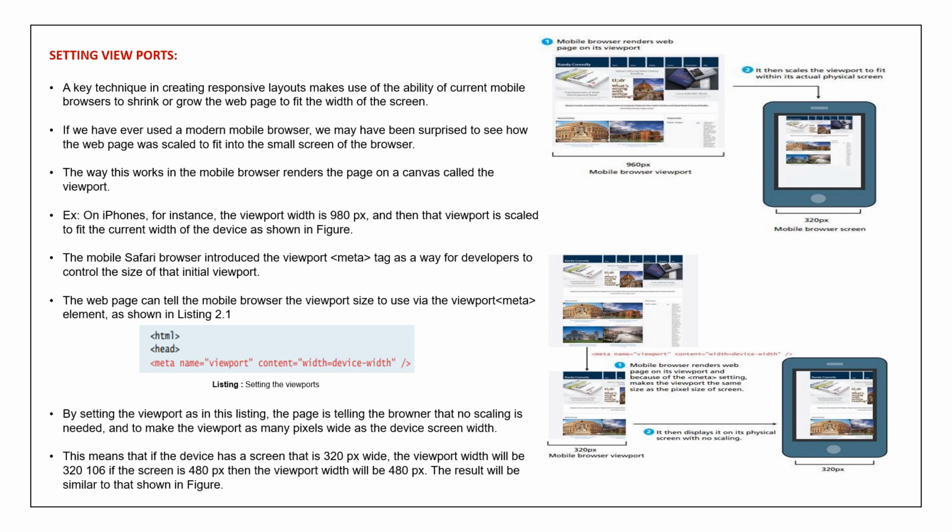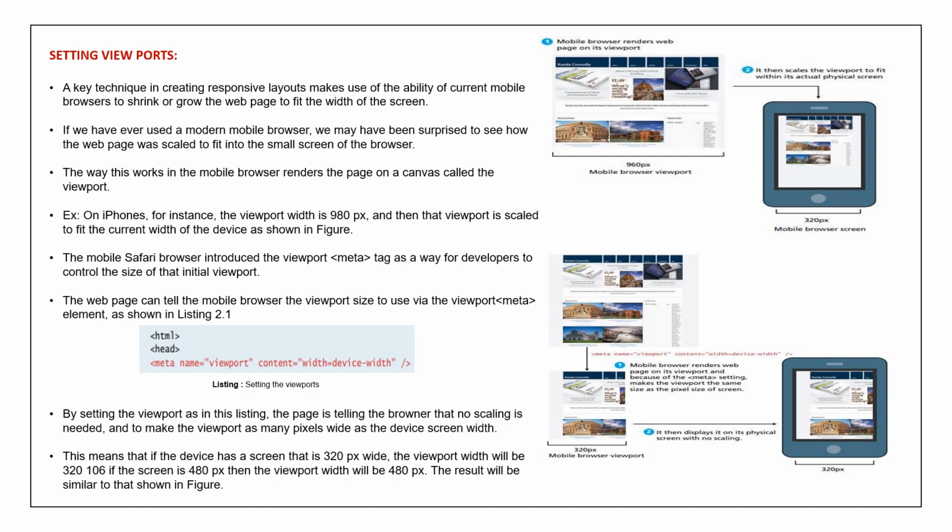By setting the viewport as in the listing, the page is telling the browser that no scaling is needed and to make the viewport as many pixels wide as the device screen width. This means that if the device has a screen that is 320 pixels wide, the viewport width will be 320 pixels; if the screen is 480 pixels, the viewport width will be 480 pixels. The result will be similar to that of the figure shown.